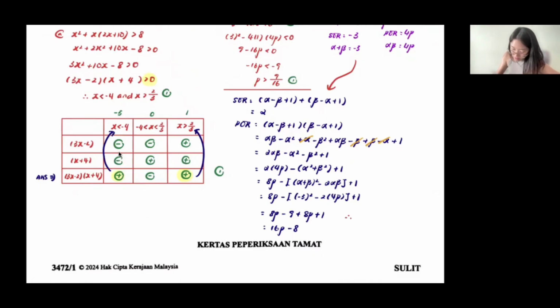The formula for the equation is x squared minus SOR times x plus POR equal to 0. So you just follow this. x squared minus SOR, which is 2x, plus 16p minus 8 equal to 0. All right, so this is it.